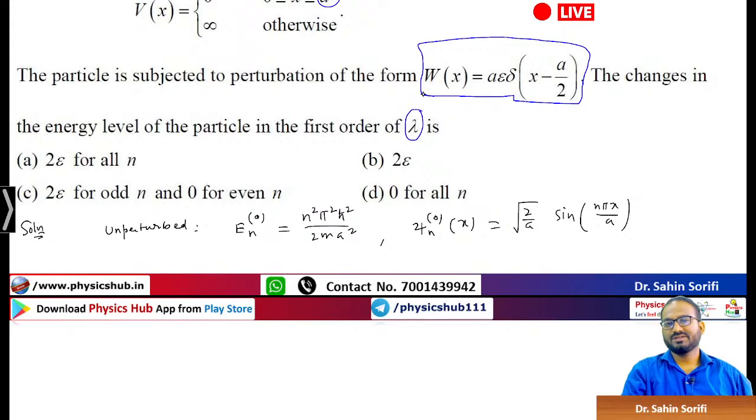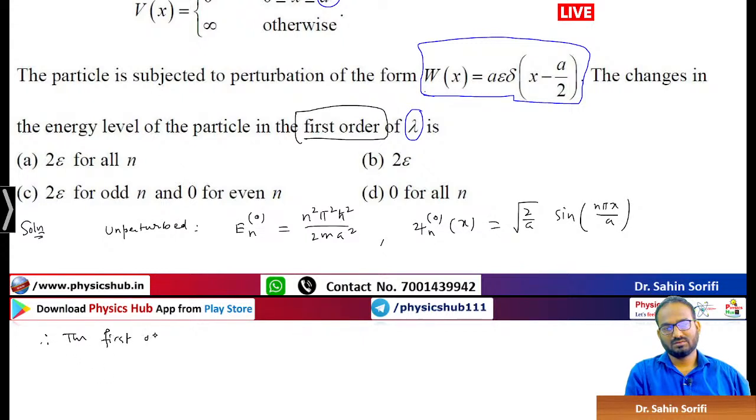Now the perturbation is given by this. So what is the change in the energy level? It is talking about the first order energy correction. So the first order energy correction, in which state? Nth state.